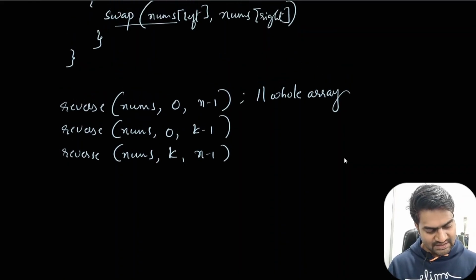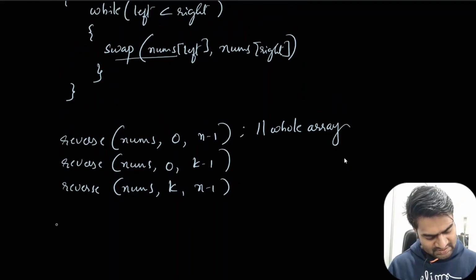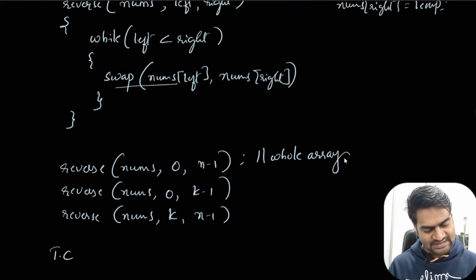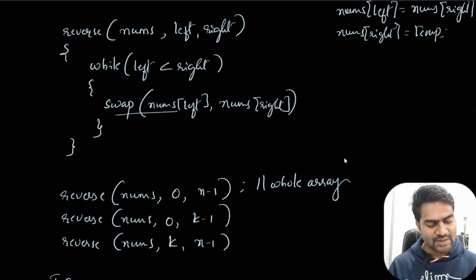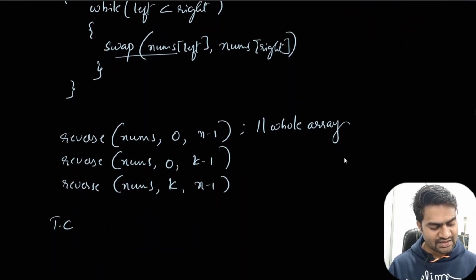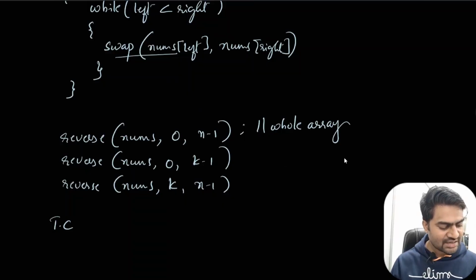If you want to see the time complexity, what is it? Basically we are swapping the entire array one time, then again we swap parts of the array. Maybe you assume k will be exactly n by 2, which won't be the case, but the remaining elements are reversed in the next call.